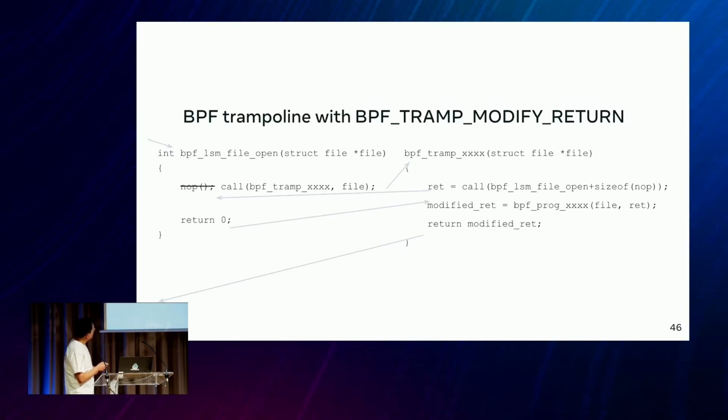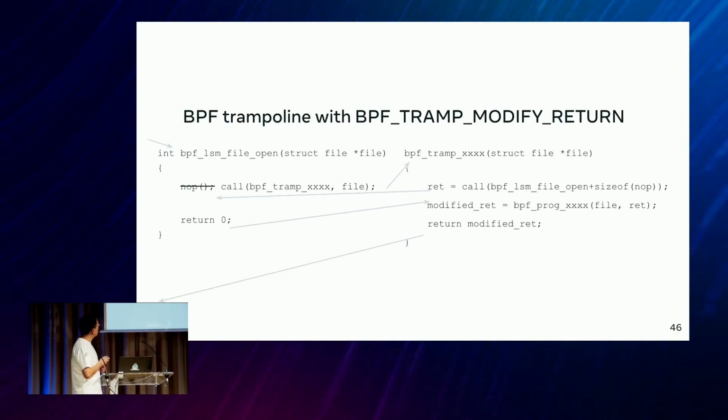And we know, okay, this one returns 0. Then the BPF program will come in and run its logic, and it will produce a modified return value. And then we return that to the caller. Here we need to skip a frame, because otherwise it's going to return to this function, but we want to return to its caller.